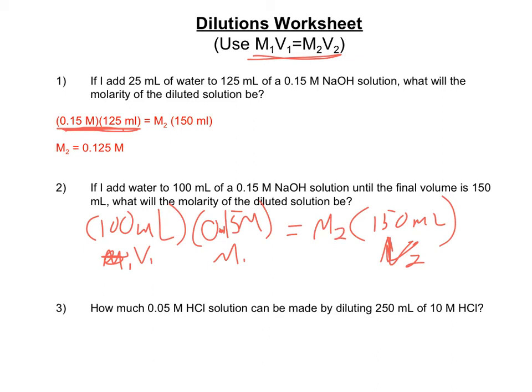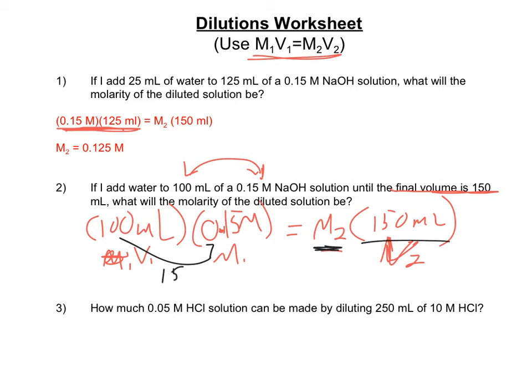Okay, so we've got our starting volume and concentration. Those two things go together. We put them on the left side because we're saying that that's the starting point. The final volume, they tell you this one's the final volume. That's your V2, 150 milliliters. Well, in order to solve this, and we have to find M2, we multiply the 100 times the 0.15, which means we have 15, right?